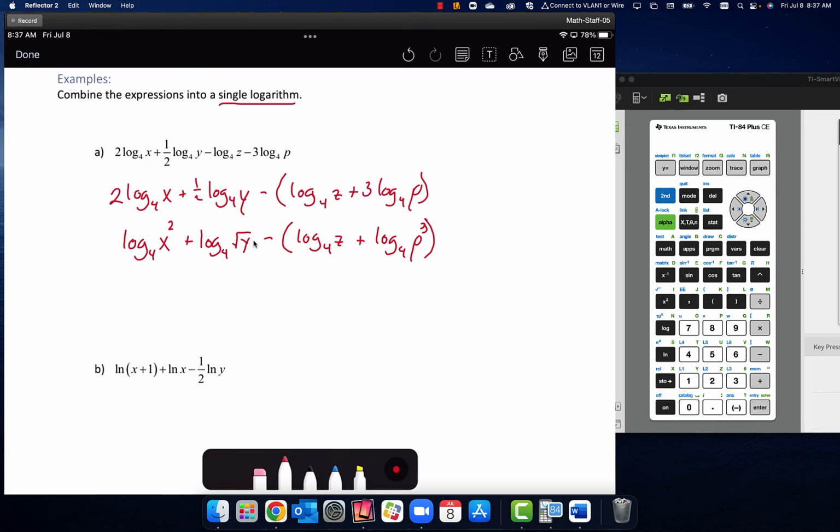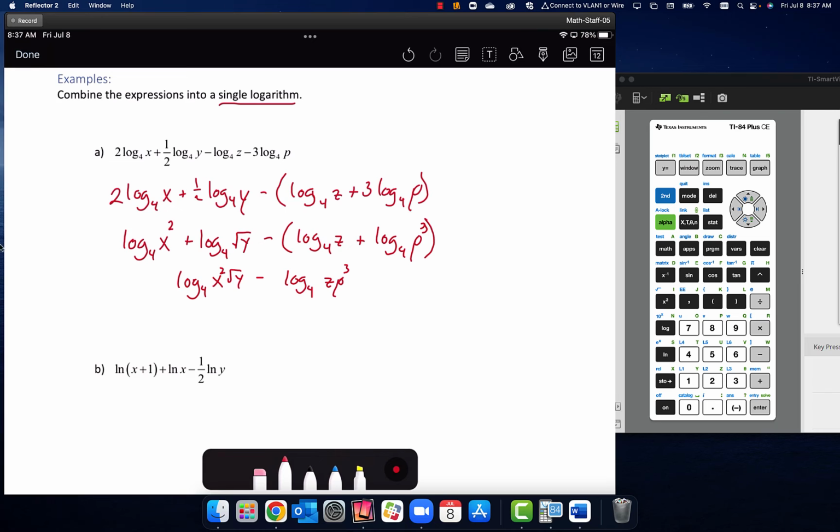Now we have a product here, or a sum that will become a product. Same thing inside the parentheses, we have a sum that will become a product when we condense. So we have log base 4 of x squared square root of y minus log base 4 of zp cubed.